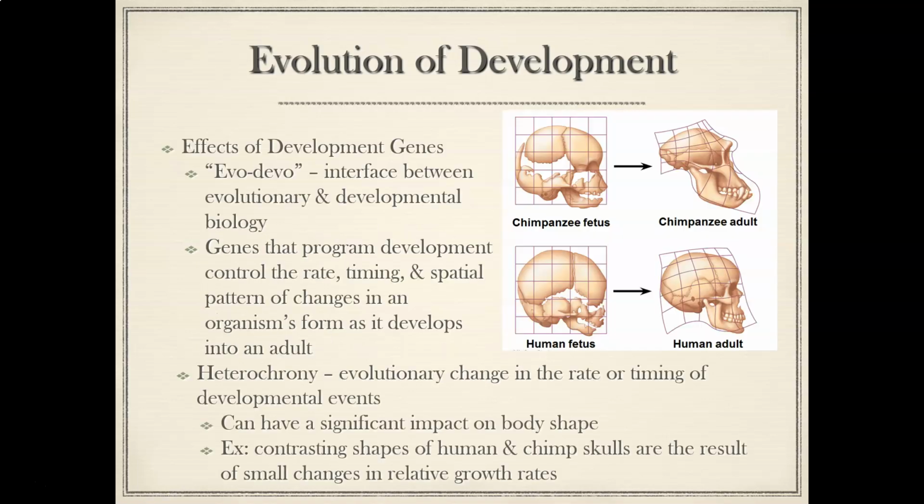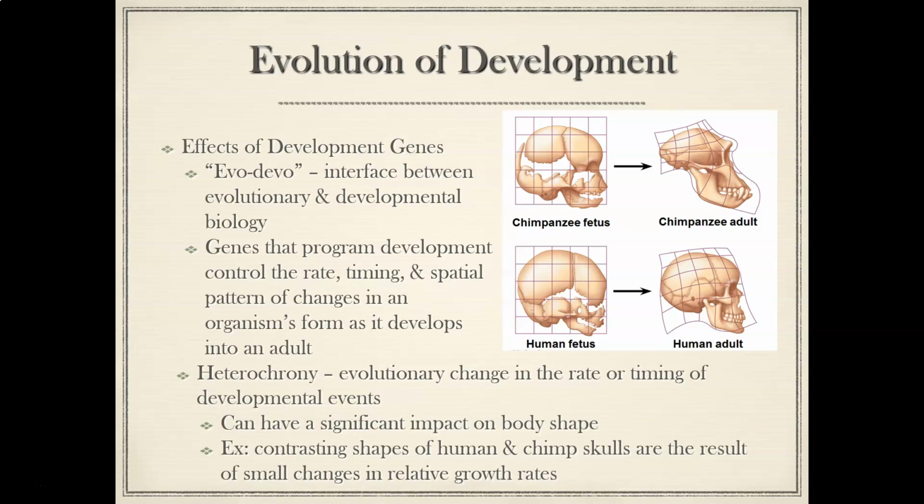So what we're really looking at is an entire field called EvoDevo, or evolutionary developmental biology, where we're looking at these genes that are specifically programmed to control the rate of development, the timing of that development, and the spatial patterns that we see in these complex organisms as they go from fertilized egg to embryo to fetus to infant to adult.